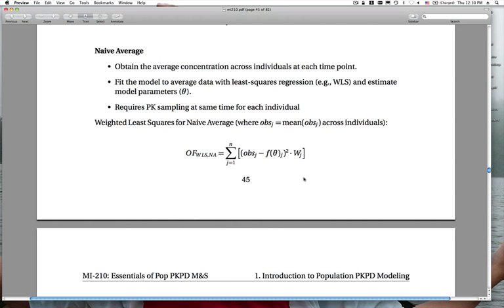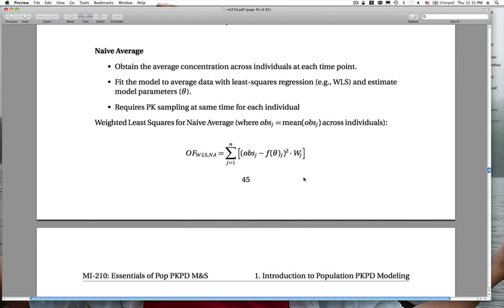And what's simply done is that at each time point, the average across all individuals is taken, and a single data point represents that time point for all the individuals. So you end up with really one data set equal to the number of sampling points in any one of the individuals. This one single individual is the mean individual, for example, and then the model is used to estimate the parameters for that typical mean individual.